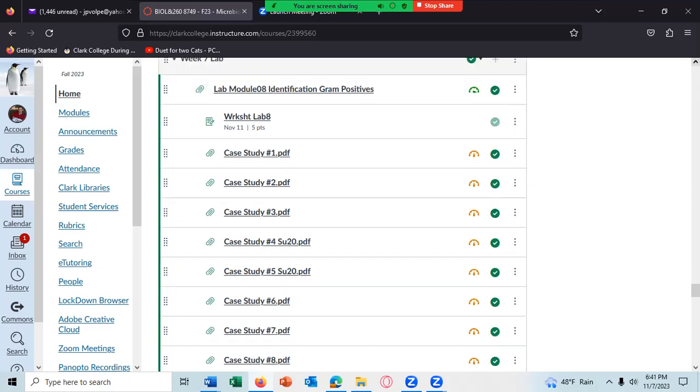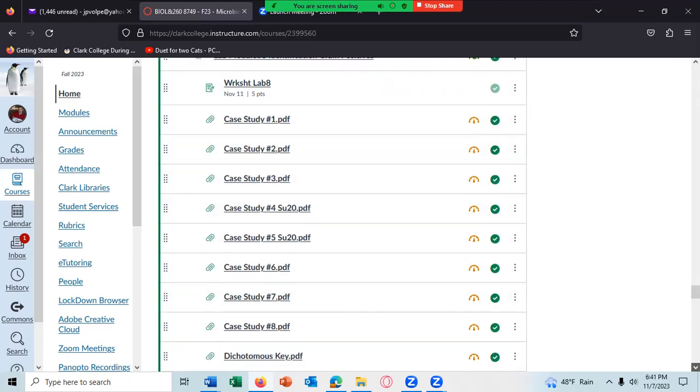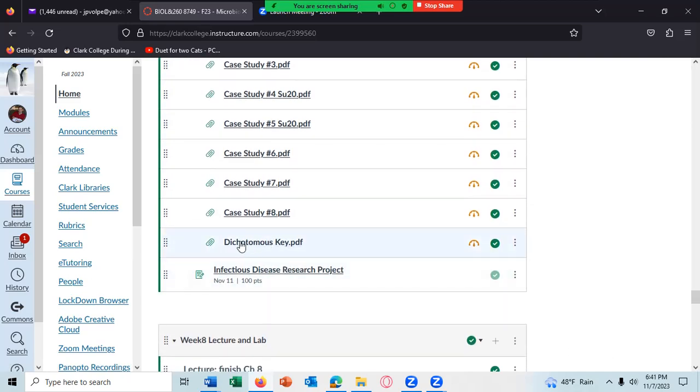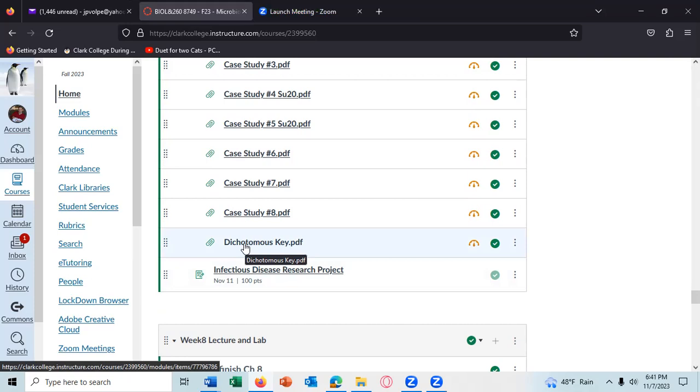Oh, there it is. All right, so in this file, this lab, we have the lab module here, the worksheet there, and then each of these are case studies, a separate file for each case study, and then the dichotomous key down here. You need to open up each of the files to answer the case study questions. And I'm sorry about this, but this is the way that the lead instructor sent it to me.